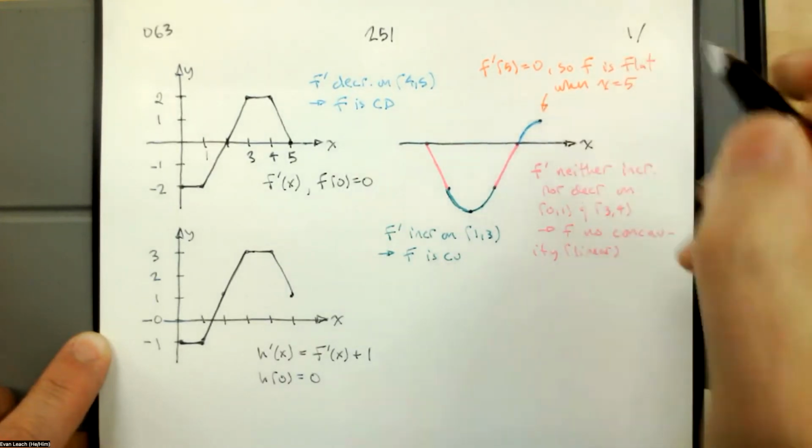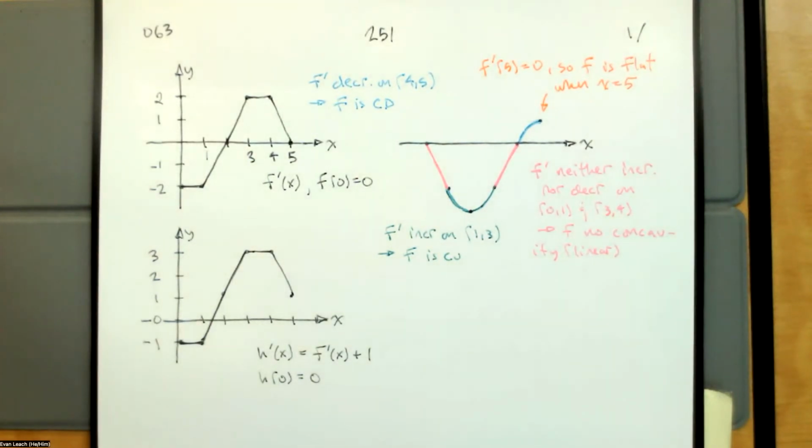And that's why here I've drawn the graph flattening out. When the derivative is equal to 0, the function should show flat. So that little peak, concave up and concave down its way all the way flat at 5.